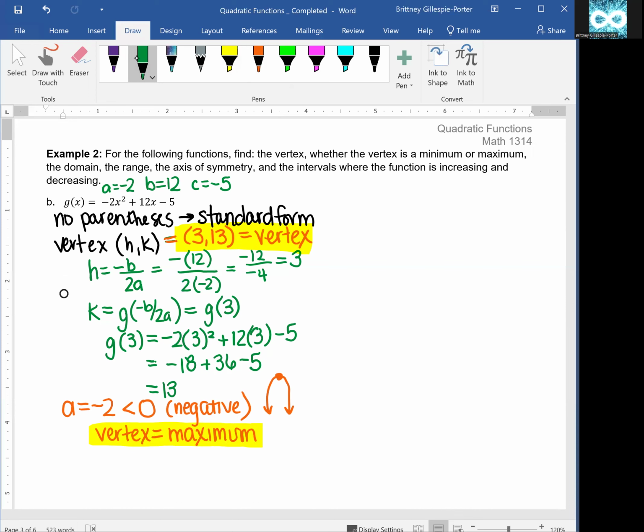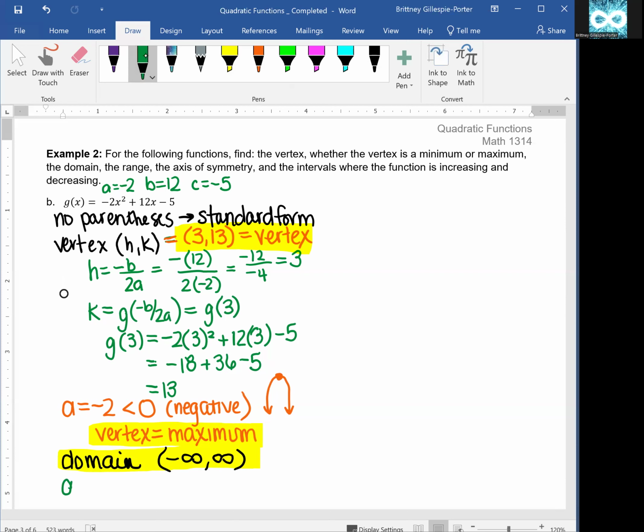Next, we need to do the domain. Remember, domain of a quadratic, we can plug in any x value we want, which means that we are going to have negative infinity to positive infinity as our domain. I'm going to skip over range for a second. We'll cover that in just a moment.